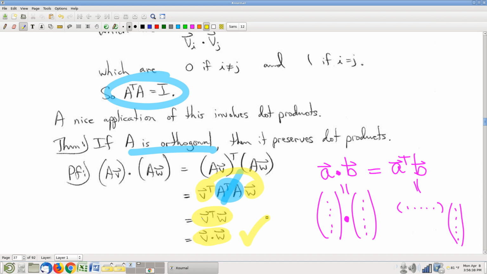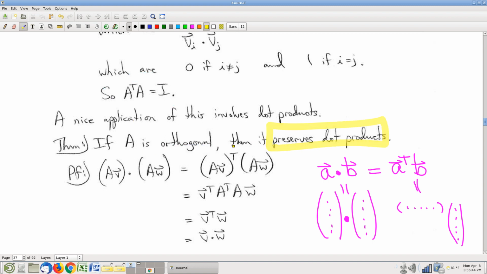Okay. All right. So this has some powerful consequences. The fact that it preserves dot products, orthogonal matrices preserve dot products. Quick observation: if dot products are preserved, the action of multiplying by A doesn't change any dot products, then it also isn't going to change things that are computed directly from dot products.